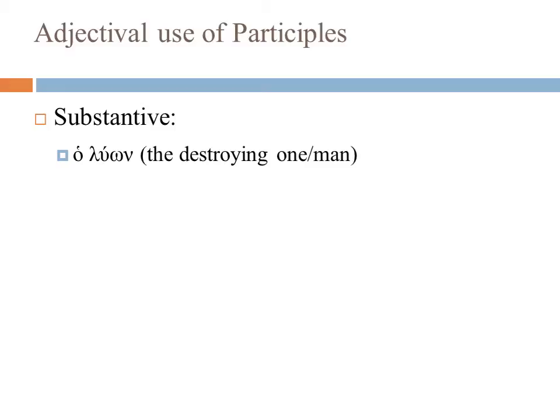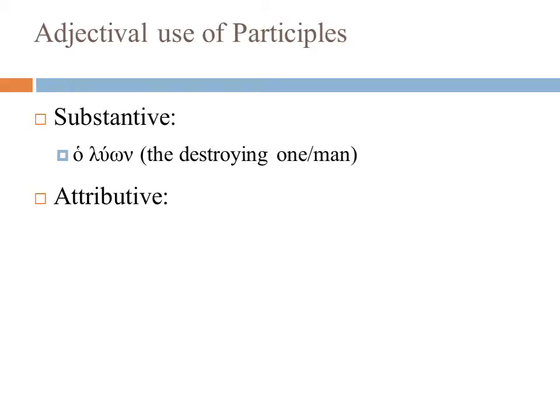So, luon if we translate it as destroying, haluon is the destroying one or man. This is the same way that any adjective would work. We would translate it, because we do not have a noun for it to modify, it becomes substantive. It becomes the noun. Haluon, the destroying man.